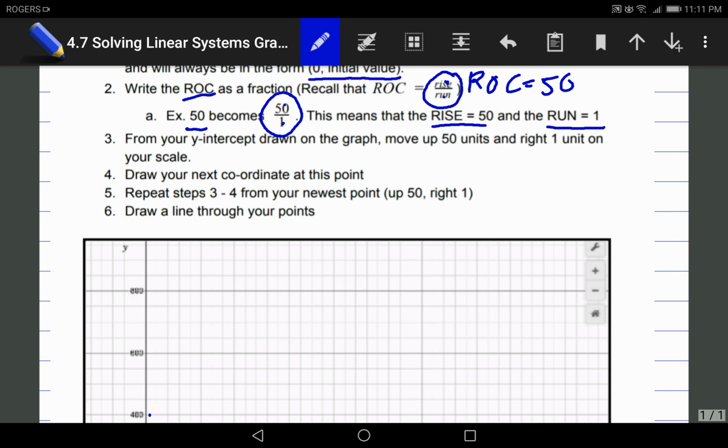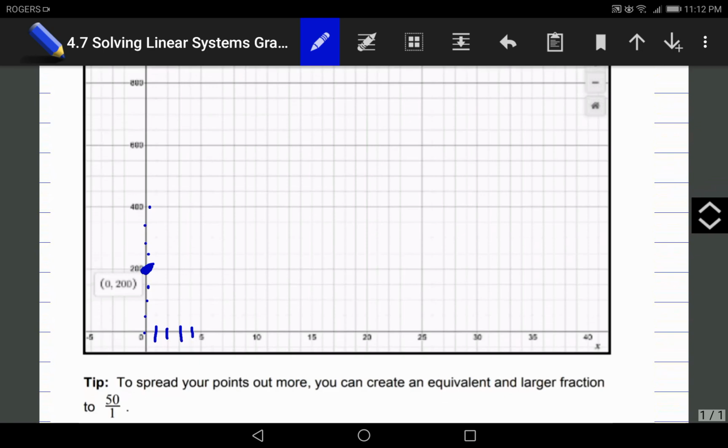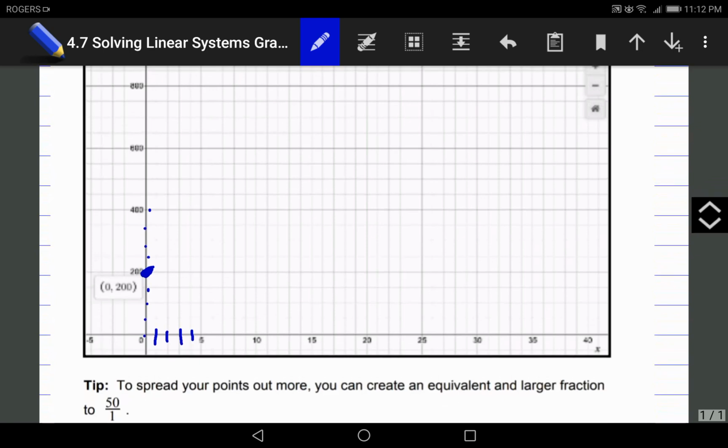Well, step 3 says from your y-intercept drawn on the graph, move up 50 units and then right 1 unit on your scale. Okay? So from my y-intercept, go up 50, right there, and then across 1 unit.